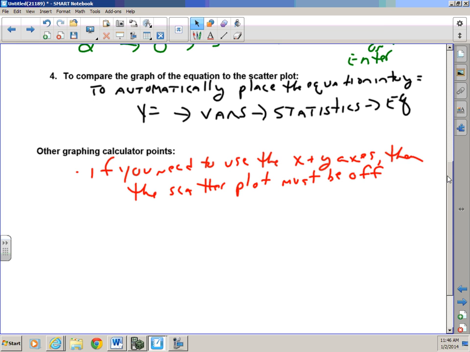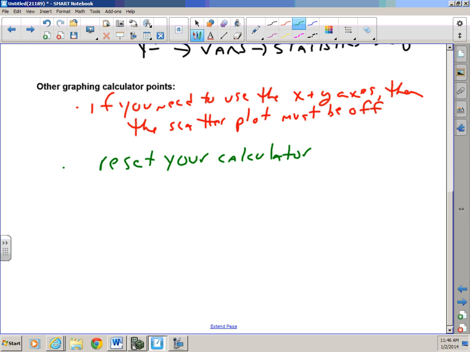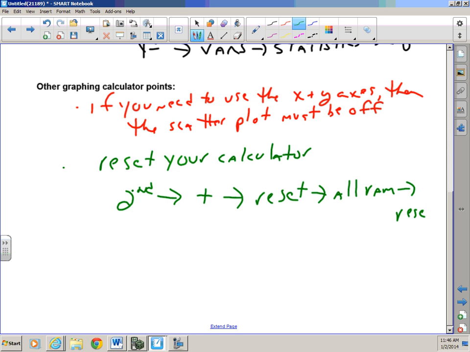Now, another very helpful thing for you to know, especially if you're taking a long test or something and you're doing many different things, how do I reset my calculator? Okay, then that kind of gets rid of whatever's there. So how do I do that? I hit the second plus sign, I hit reset, or move down to reset, all RAM, and then reset one more time.